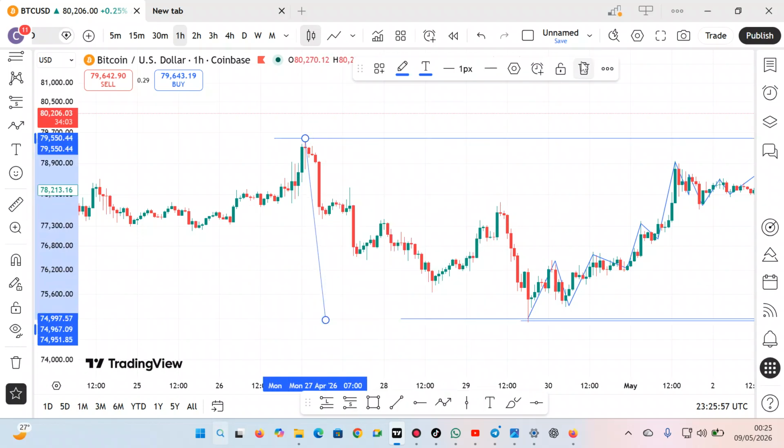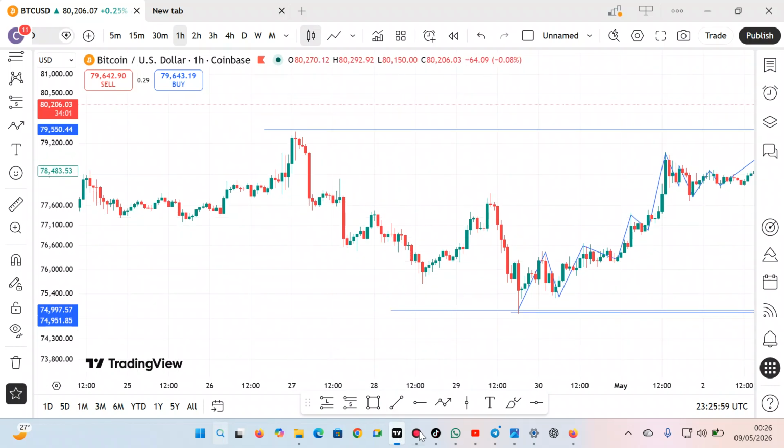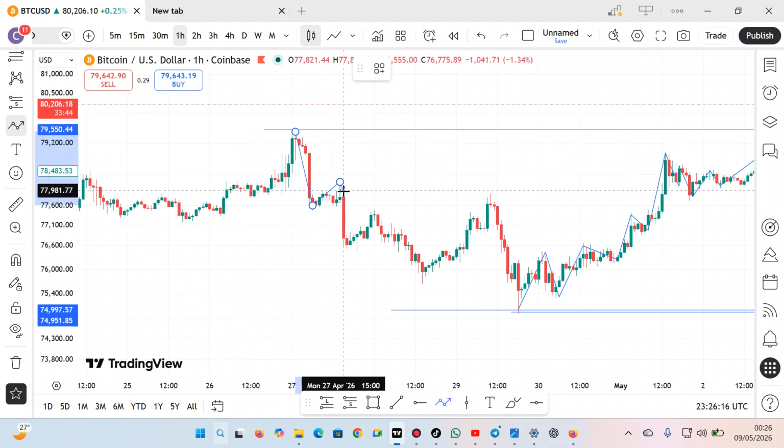No, it didn't happen like that. How did the market move down? The market created a low, then created a high, but the high it created was not higher than the previous high. Instead, it was a lower high. Then it created a lower low.